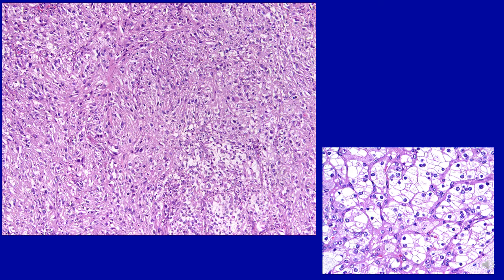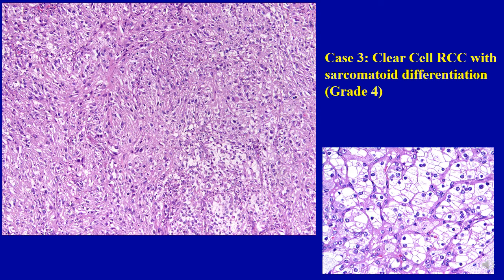So again, the diagnosis of this case is clear cell renal cell carcinoma showing sarcomatoid differentiation. Remember that sarcomatoid differentiation is not unique to one subtype of renal cell carcinoma. It can occur in a variety of different renal subtypes, and this should also be considered grade 4 nuclei based on sarcomatoid differentiation.